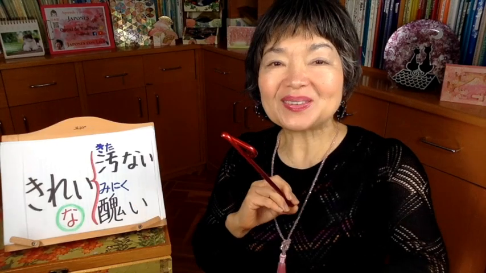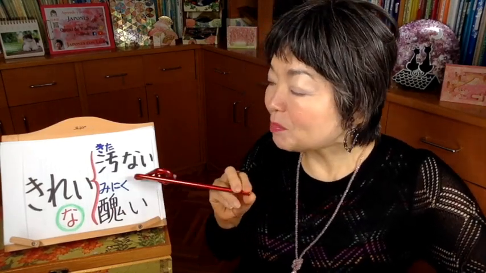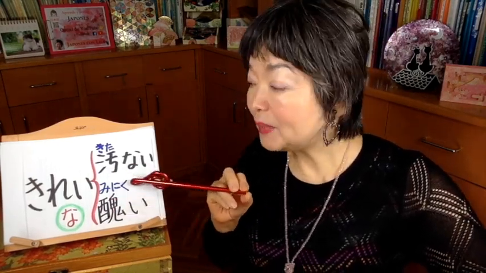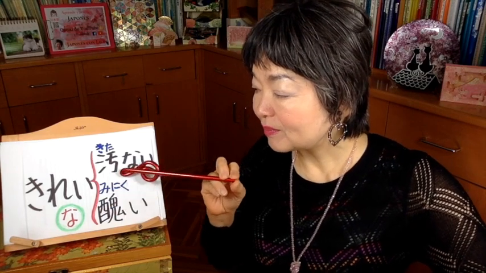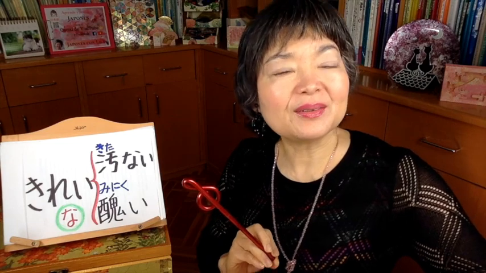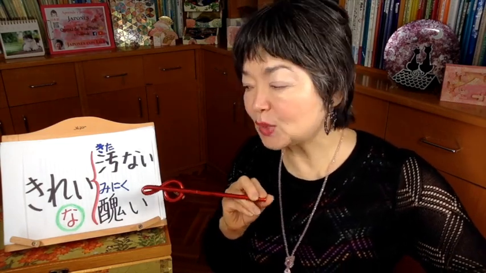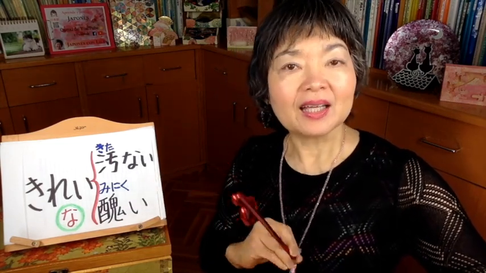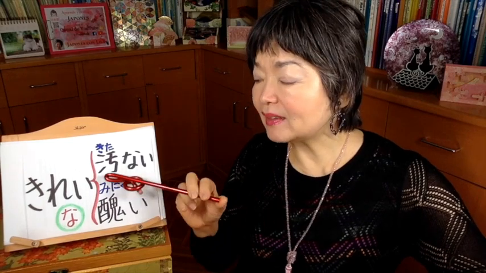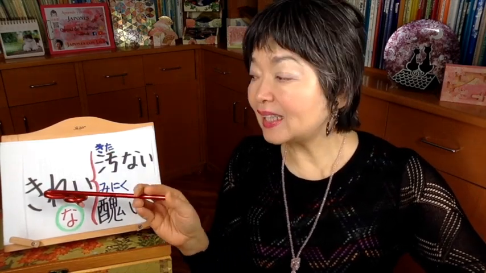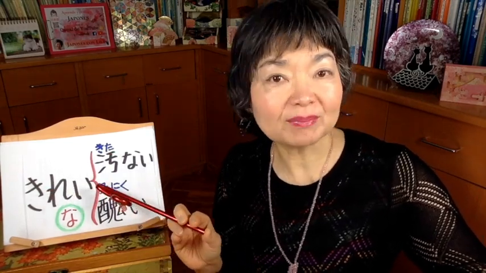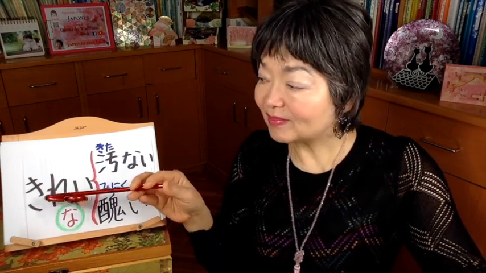Well, I like to talk about this 醜い, ugly. But actually, I never use this word. When I want to say something ugly, I just say きれいじゃありません or きれいではありません.